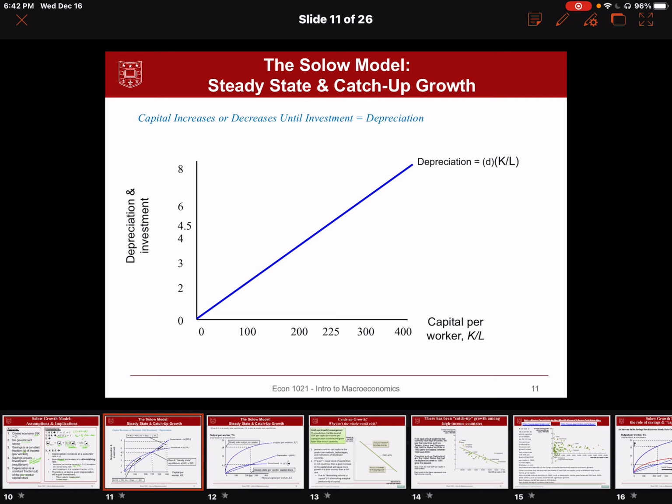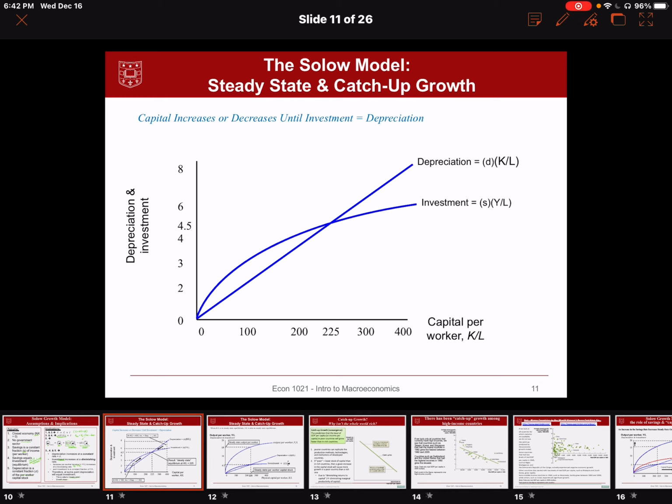We have depreciation as this straight line because depreciation is a constant fraction of the amount of capital per worker that's in place. Investment is just a fraction of income per worker.